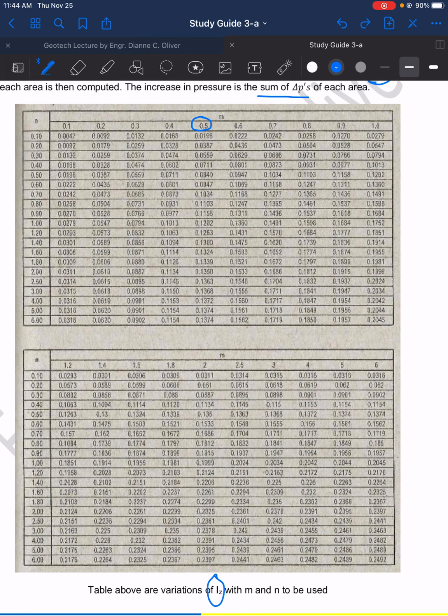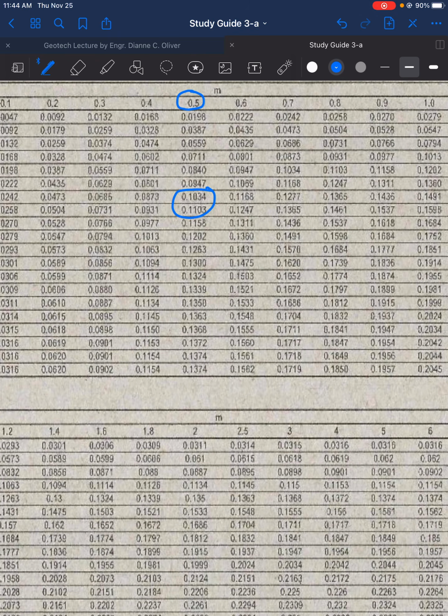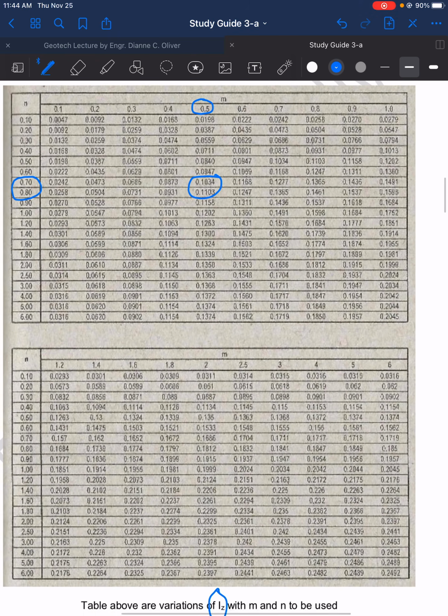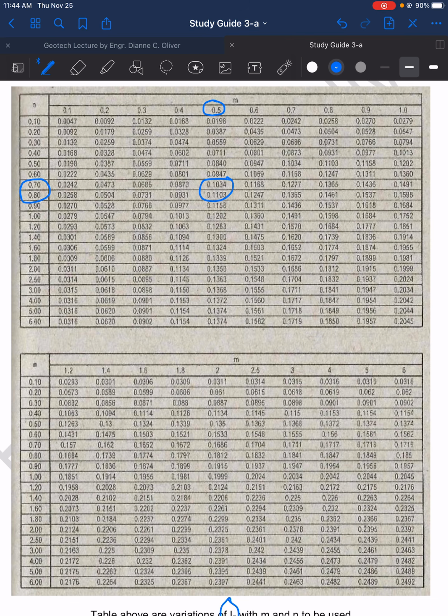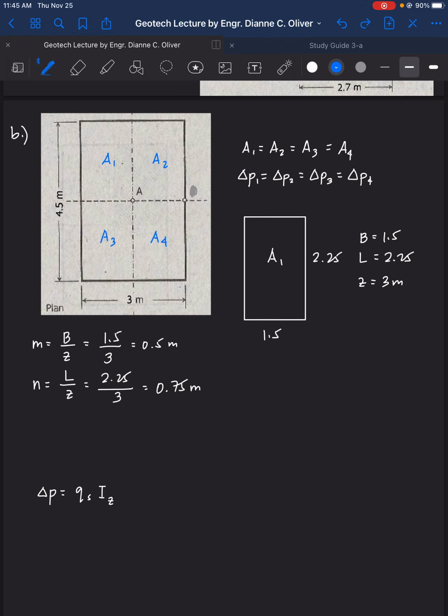All we have here is 0.70 and 0.80. So we have the value for I sub z in between 0.1034 and 0.1103. If you look at this closely, it's easy because you just have to divide it into 2, because 0.75 is located in between 0.70 and 0.80.